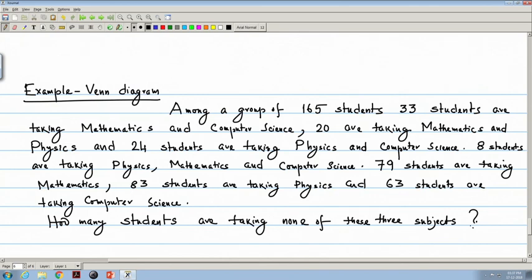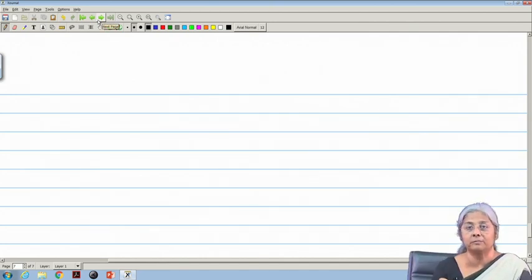165 students. So, this is clearly a problem of set union, intersection, and set difference, using mainly these 3 operations. But since we have already seen how we can represent set difference, union and intersection using a Venn diagram, we try to solve it using a Venn diagram, and that is a very easy way to solve this problem.